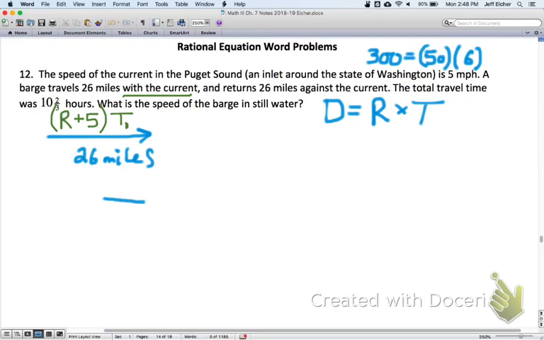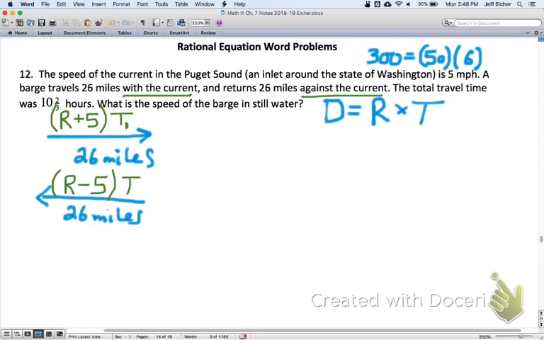And then it's going to come back this way, and it has to go 26 miles back. And the equation we would have is now it's going the same rate, however it's going against the current, right here. So whatever rate it's going, it's losing 5 miles per hour, being slowed down by the current.